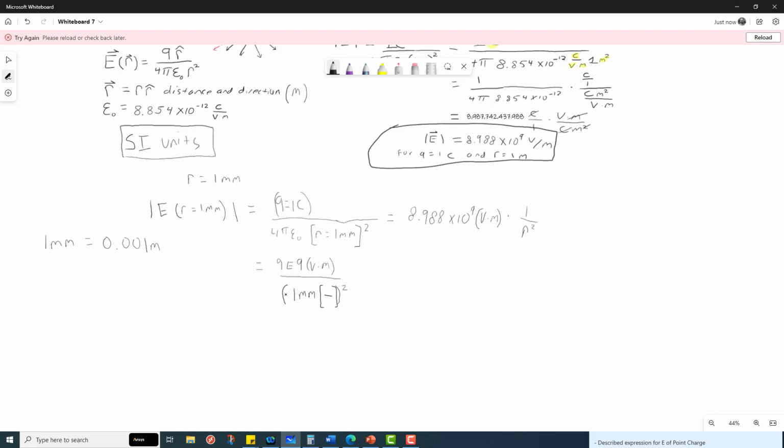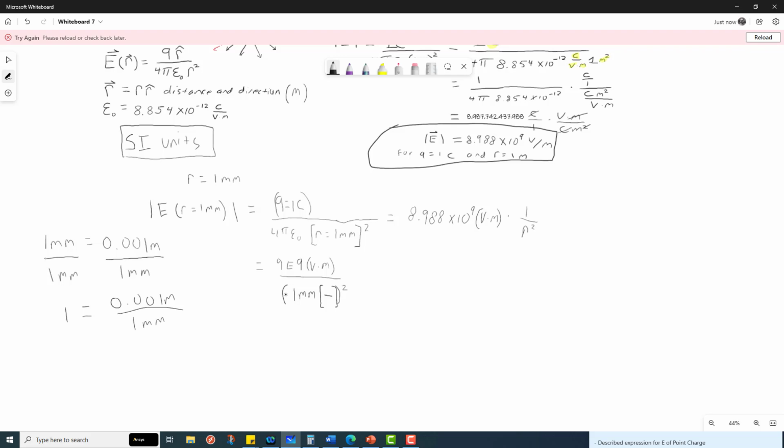One way I can do that is by dividing both sides by 1 millimeter. We learned a long time ago that whenever we divide a quantity by itself, as long as it's not 0, we get 1. So I end up with 1 equal to 0.001 meters divided by 1 millimeter. It's the exact same thing.